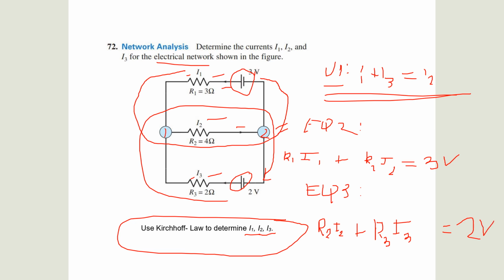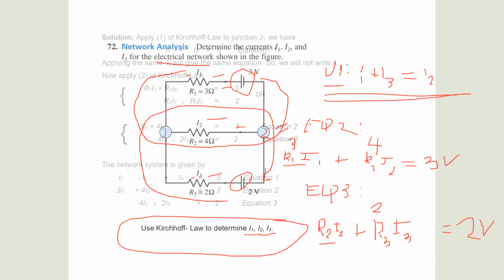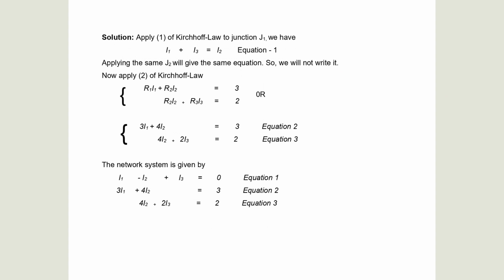And we need to substitute the resistance, because R sub 1 is equal to 3 ohms. So we substitute 3 ohms here, and R sub 2 is 4 ohms. That would be 4. And R sub 3, substitute it into 2. As a result, this is our equation 1, equation 2, and equation 3.